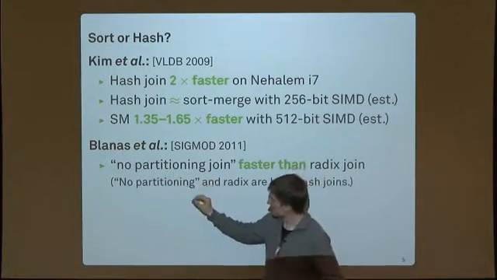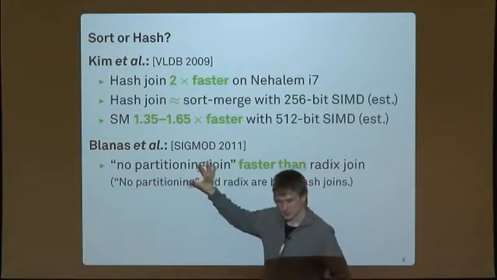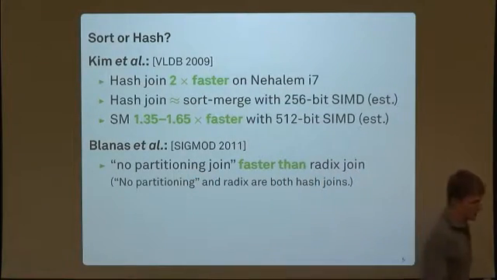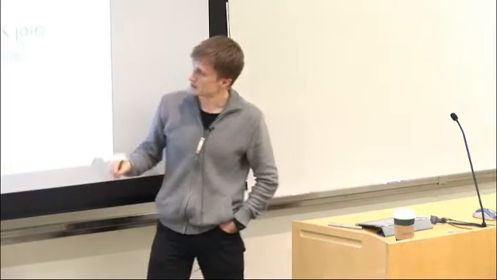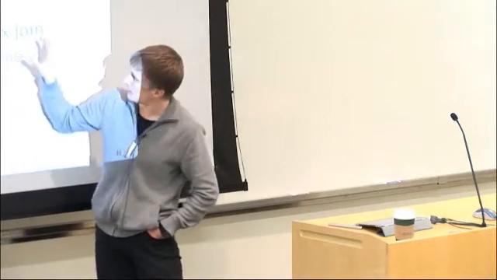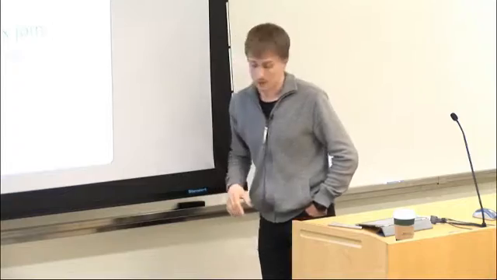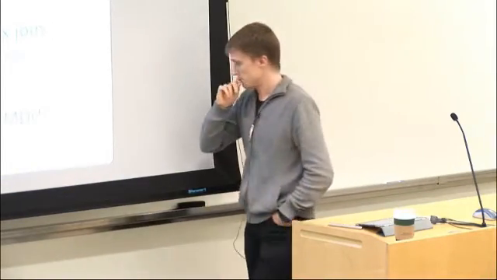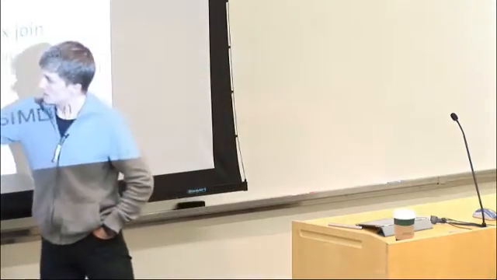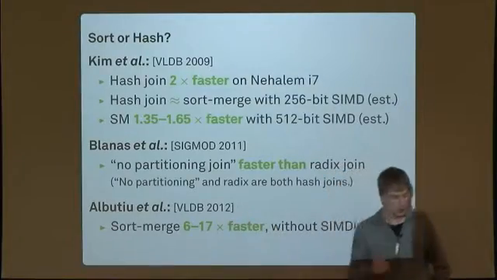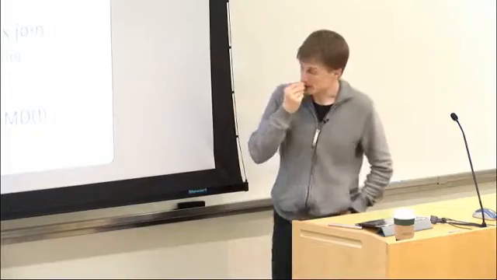What they basically said is that a relatively naive implementation of hash join is superior over implementations that are highly specialized and highly optimized to modern hardware. I listed that also because even more recently, there was another paper that did compare sort merge and hashing.